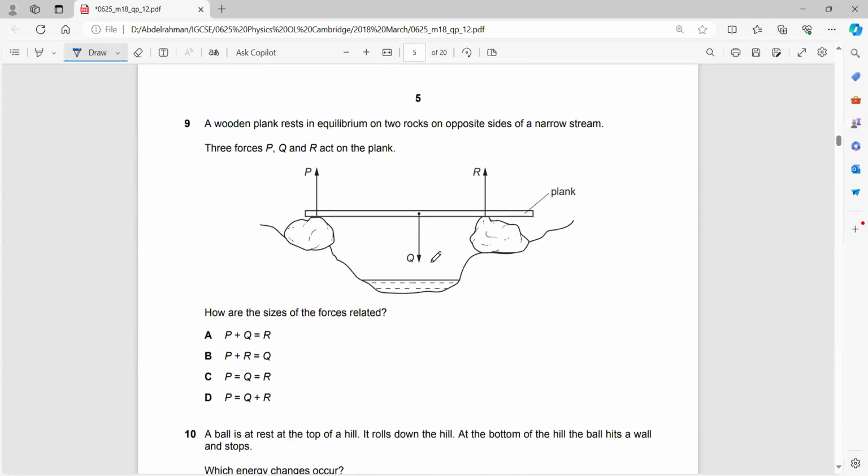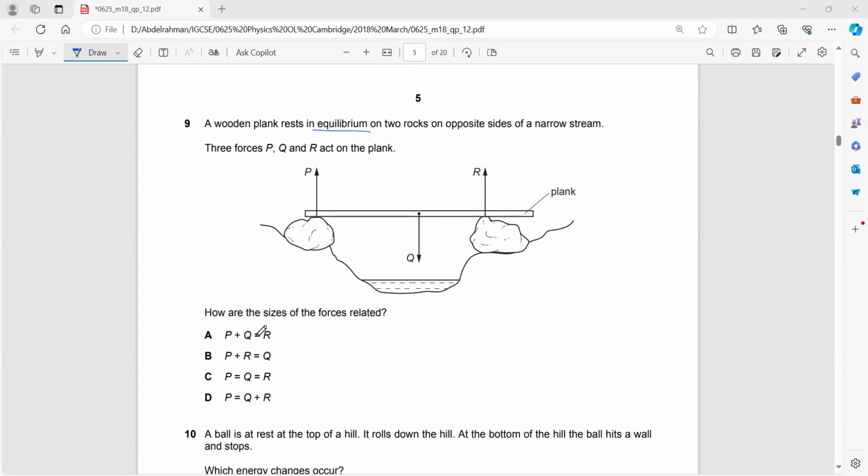Okay, this is a really interesting question. Actually, it's quite easy. How are the sizes of the forces related? This rod is now in equilibrium. Whenever we say an object is in equilibrium, we have to say two things: the upward forces are equal to the downward forces, and the clockwise moment is equal to the anti-clockwise moment.